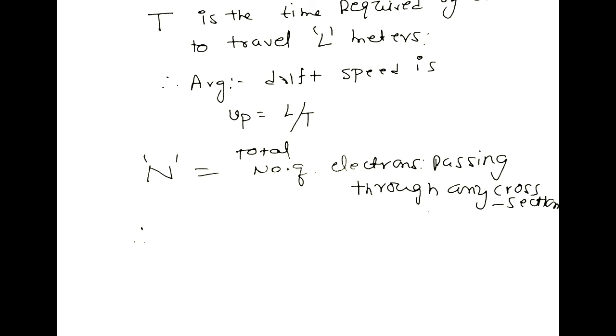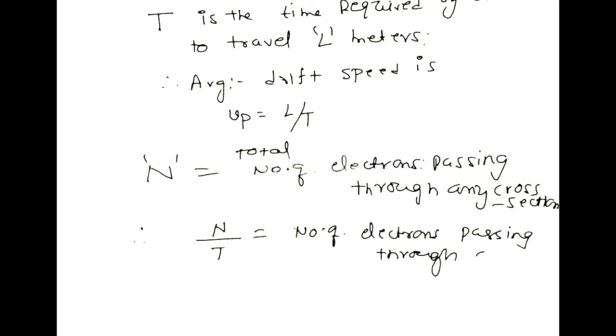Therefore, N by T is the number of electrons passing through any cross section in time T.